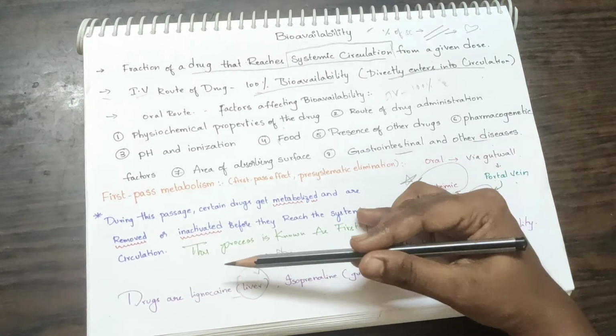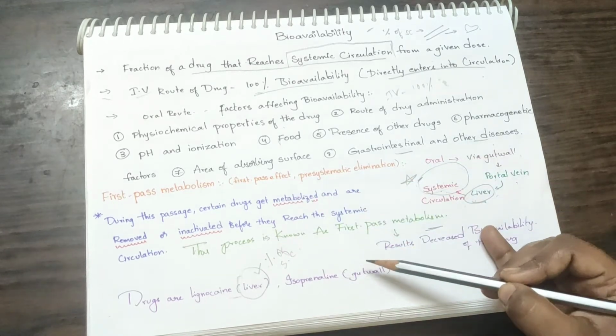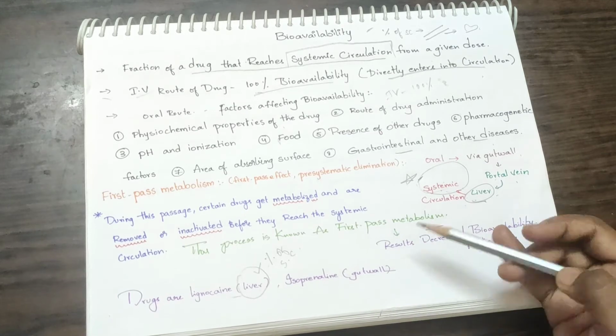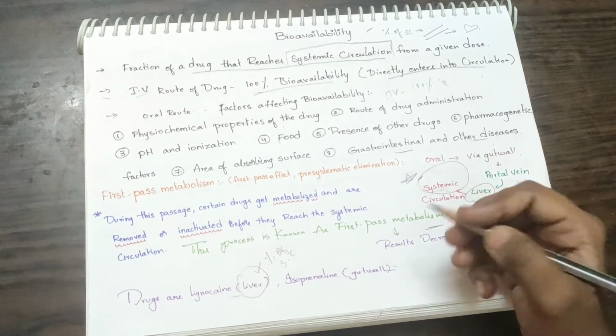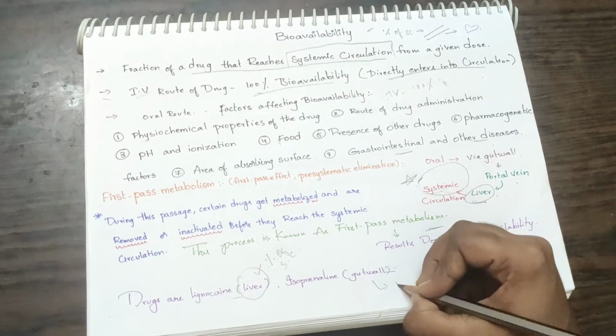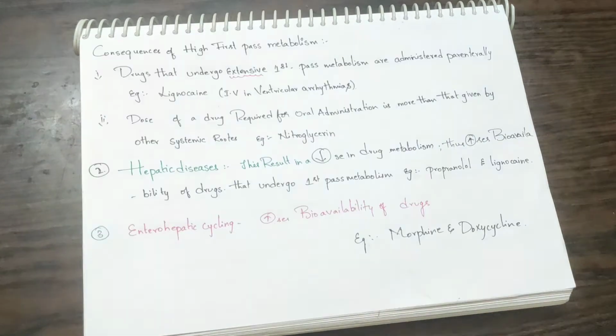Lignocaine is advised intravenously or IM. And isoprenaline undergoes metabolism in the gut wall, resulting in a lot of wastage of the drug. So we choose another route of drug administration.